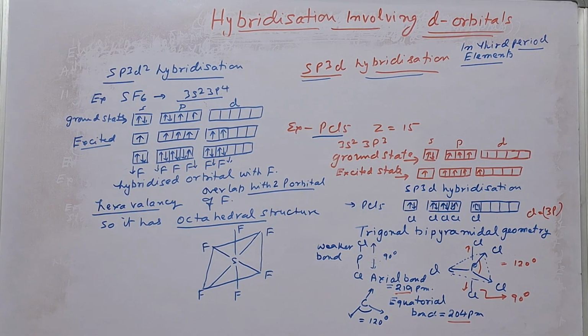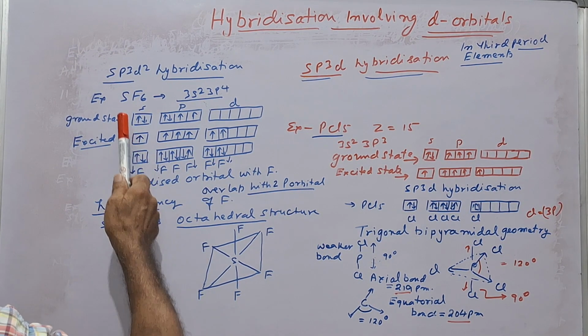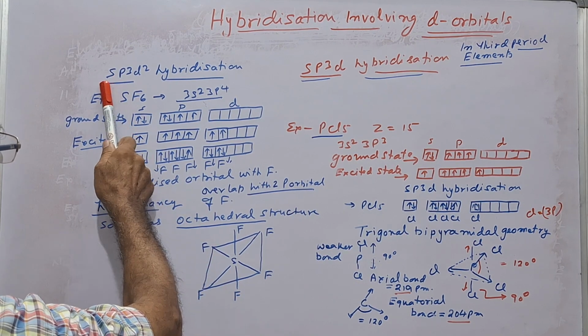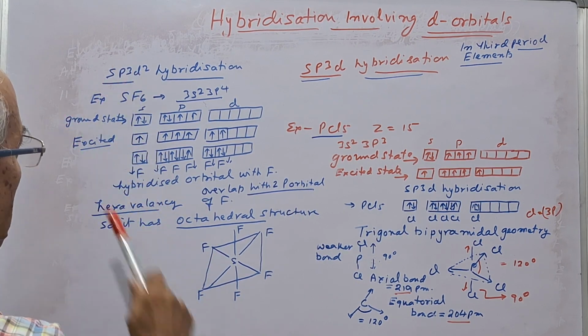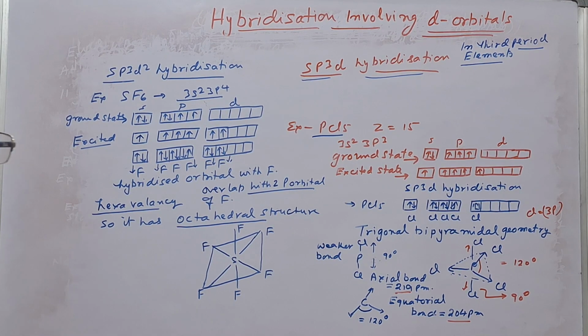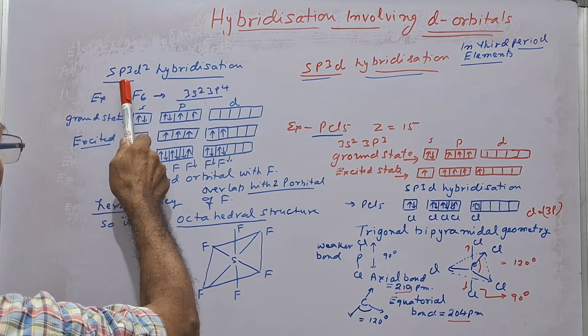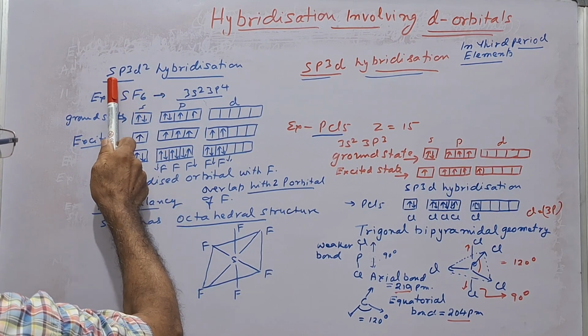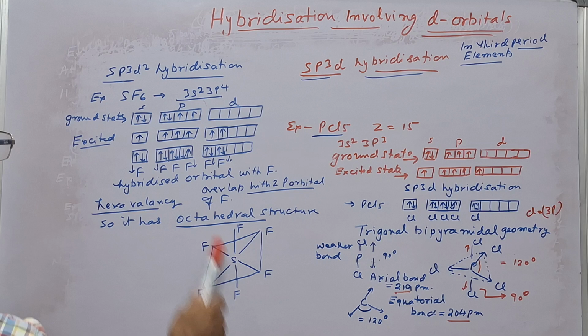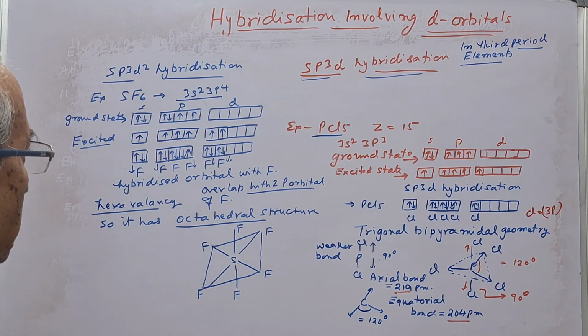Now if we take the next example, SF6, here it is sp3d2 hybridization. In the case of sp3d2, 1 orbital of s, 3 orbitals of p and 2 orbitals of d hybridize.